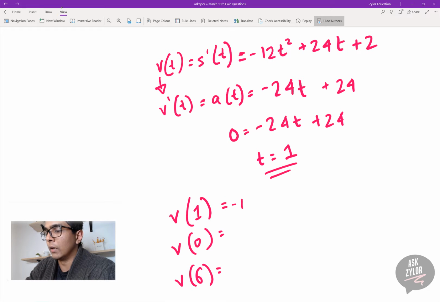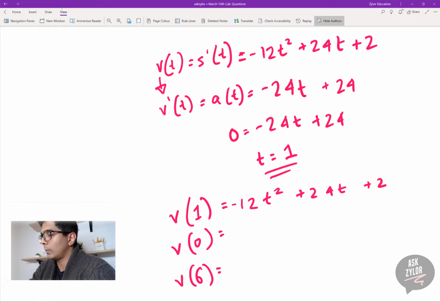So I have -12t squared plus 24t plus 2. Right, all that is going to give me 14. I'm going to skip some steps again. I'm just going to plug in 1 into each of my t values. And then v at 0 is going to be 2. And my v at 6 is going to be -286.